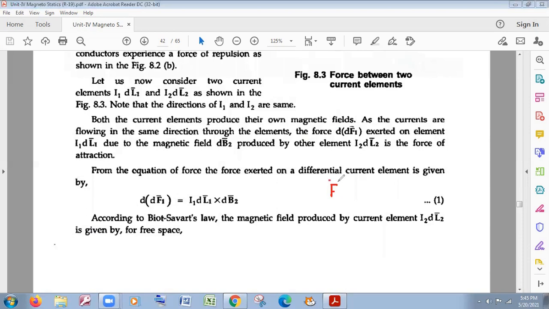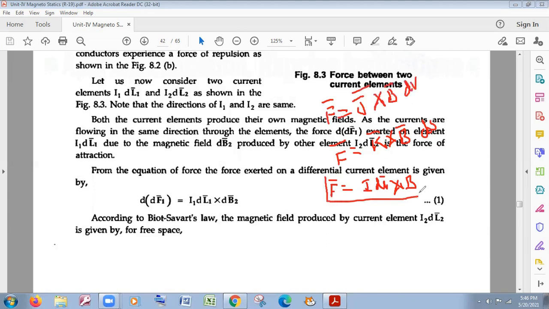F bar is equal to I dL bar cross B bar. For a line integral, F bar is equal to K bar cross B bar dS for a surface current, and for the volume it is J bar cross B bar dV.